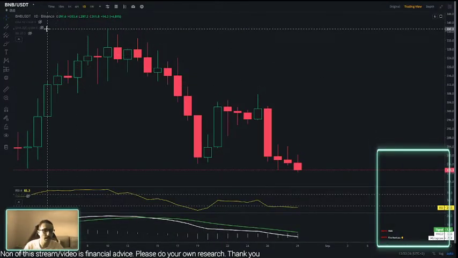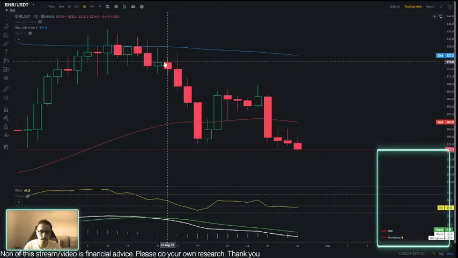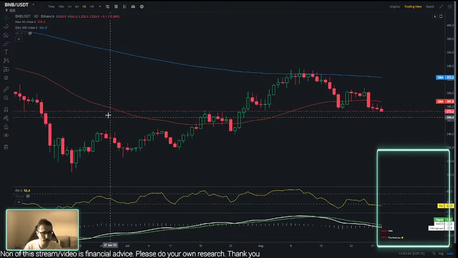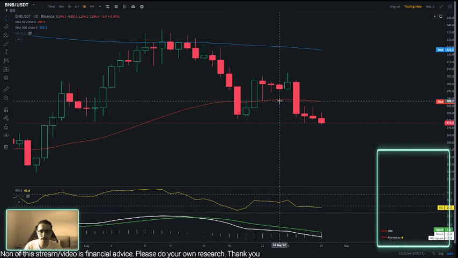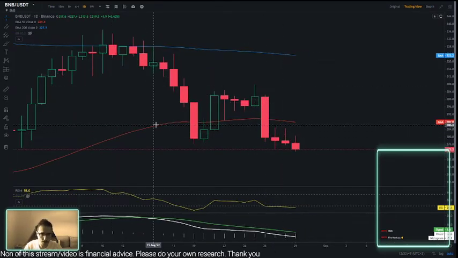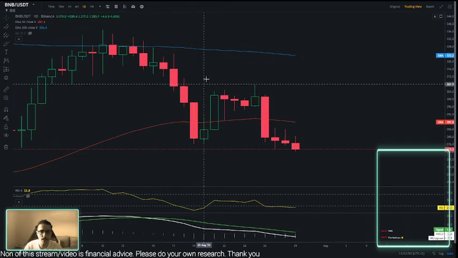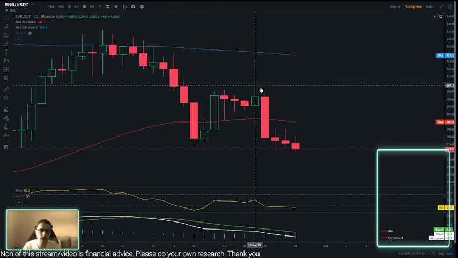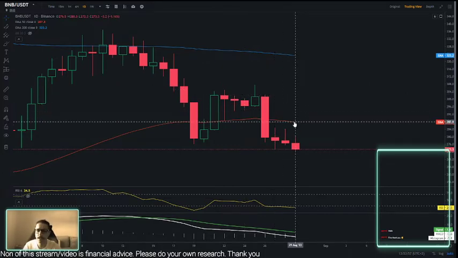And the EMAs. Hello guys. So, that's bad. So the 50 days one is still below the 200 days one. We were seeing some good trend here, which could lead to a golden cross, which has not happened yet, unfortunately.